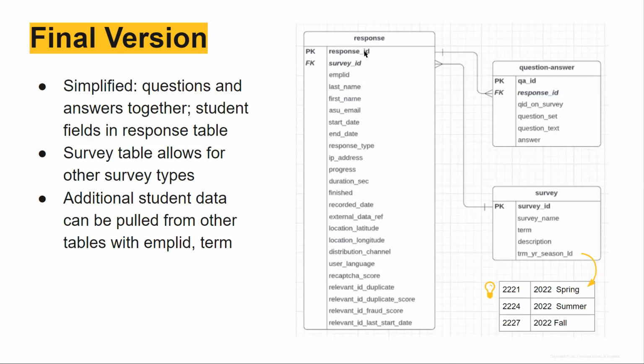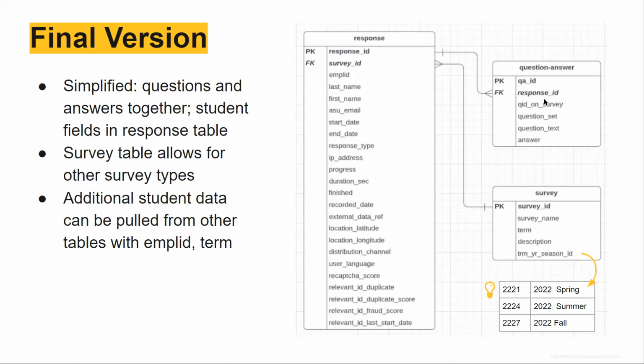All right, again, from the response table, we have a one-to-many relationship to the question answer table, meaning for each one response, there will be many questions and answers that the student went through and answered. It again has a unique primary key. QA ID is the primary key.